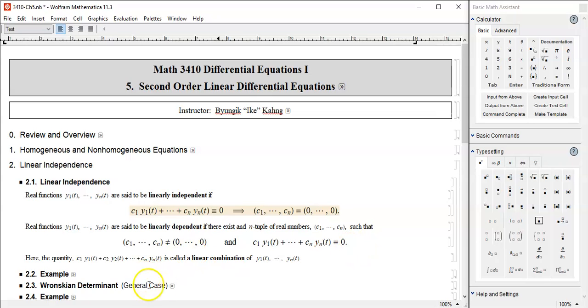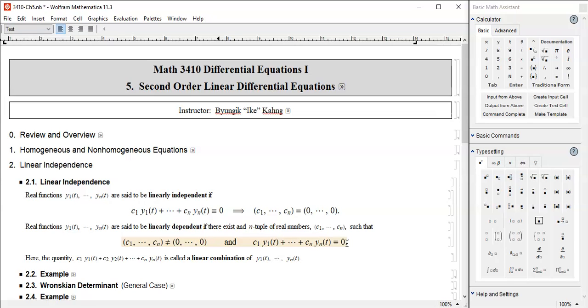Also, real functions y1 through yn are said to be linearly dependent if it is possible to find coefficients c1 through cn, not all of them equal to 0, yet the linear combination is constantly 0. In that case, we have linear dependence.